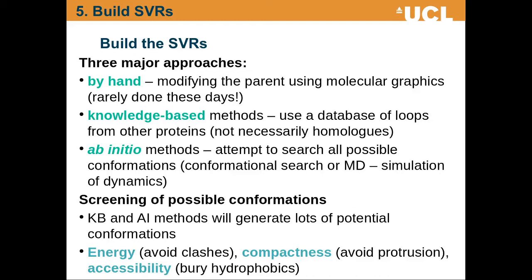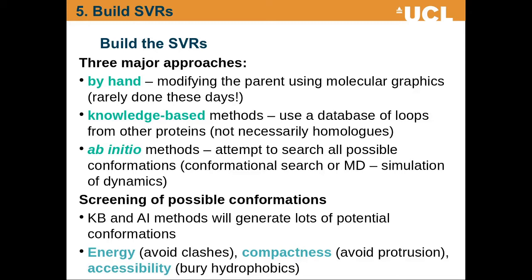The third approach is known as an ab initio approach, which attempts to search all possible conformations for the loop using some sort of conformational searching process or molecular dynamics, which is a computational way of simulating the movement and dynamics of a protein.